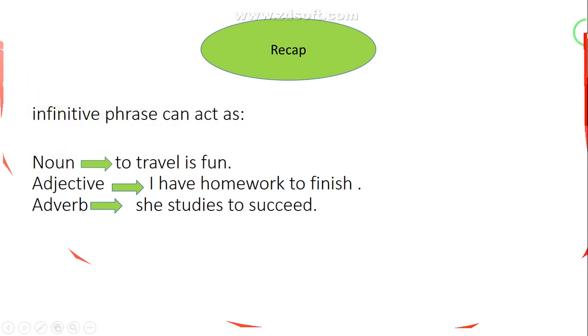Number 2, adjective. I have homework to finish. I have homework. Which homework? To finish. So this functions as an adjective. And adverb, she studies to succeed. Why does she study? To succeed. So it functions as an adverb.